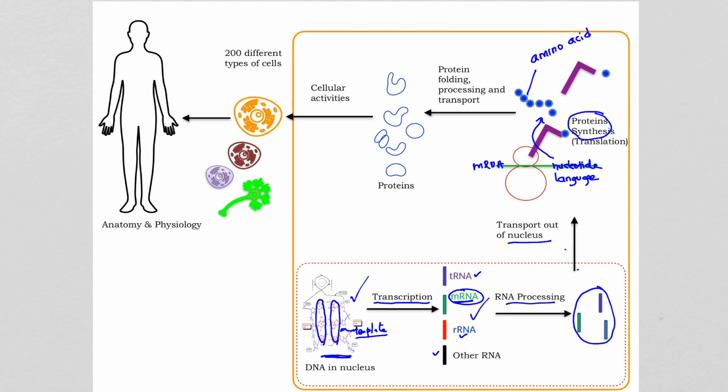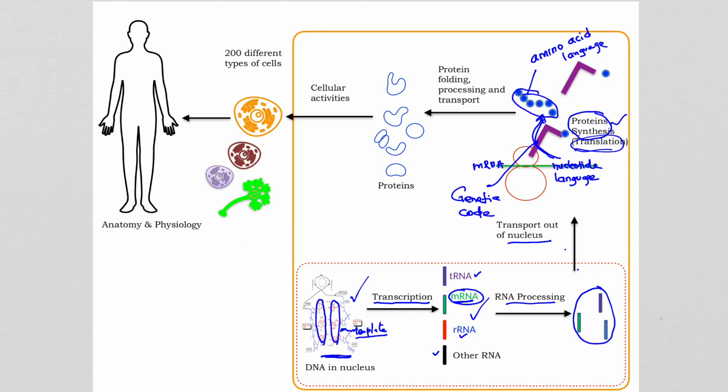Proteins are made up of amino acids, so the language of proteins is different. So protein synthesis is therefore called translation. We are translating nucleotide language into protein language. And this follows the rule of the genetic code, which we'll talk about again in a future video.